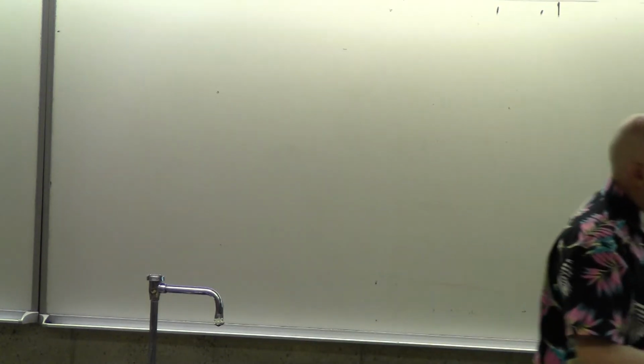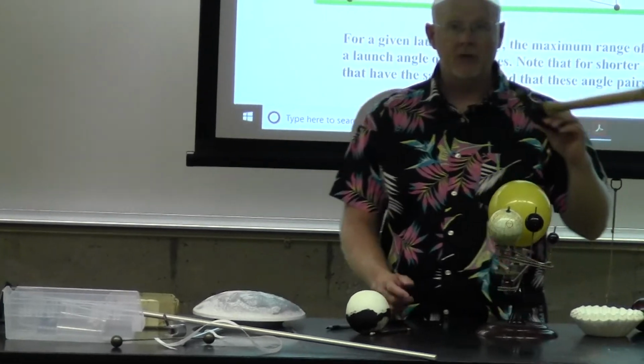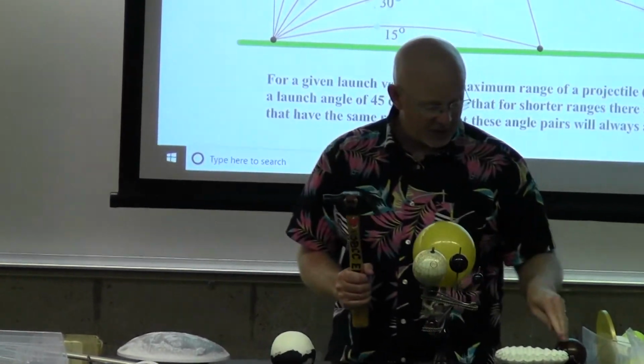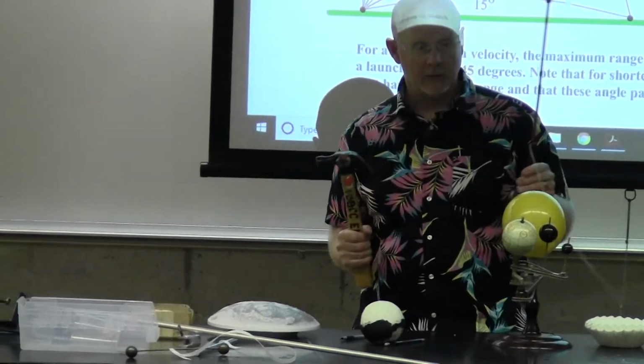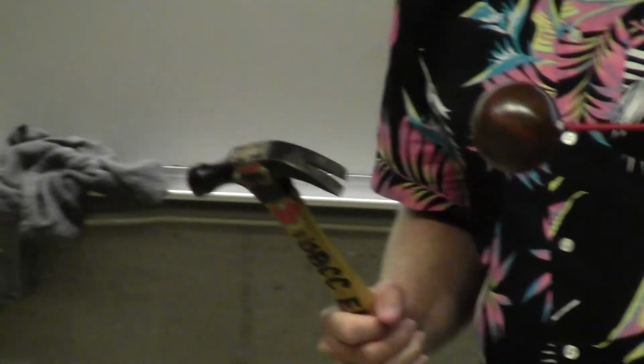The animation shows these round objects. But what if I don't have a round object? What if I have an object like this hammer?